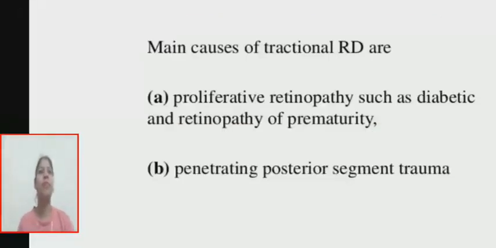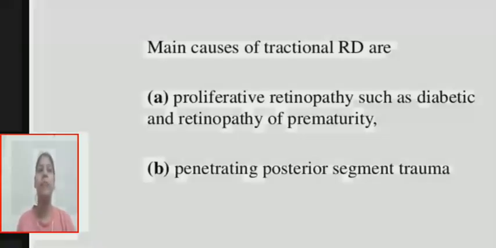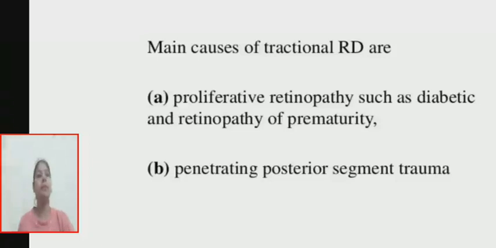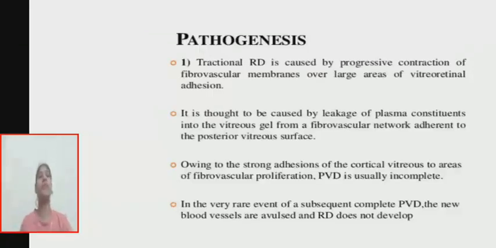The main causes of tractional retinal detachment are proliferative retinopathies such as diabetic retinopathy and retinopathy of prematurity. Second is penetrating posterior segment trauma. Now the pathogenesis of tractional retinal detachment is caused by progressive contraction of fibrovascular membrane over a large area of vitreoretinal adhesion.